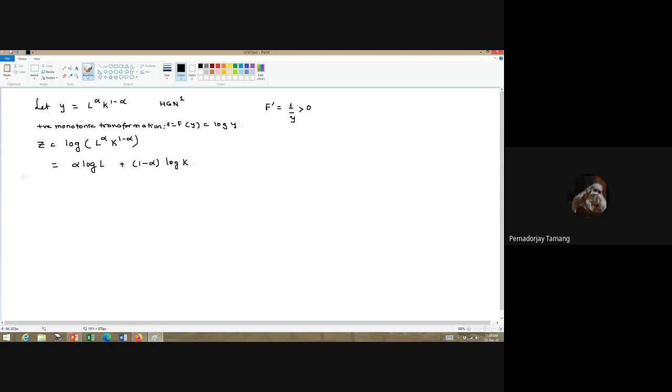What is the degree of homogeneity of this production function? It won't be a homogeneous function, I guess.